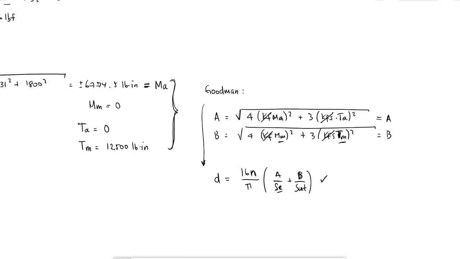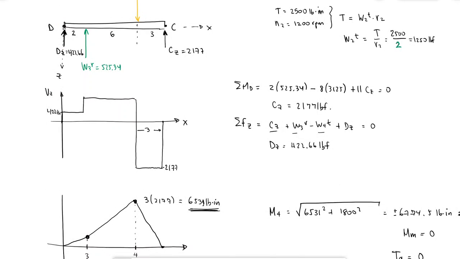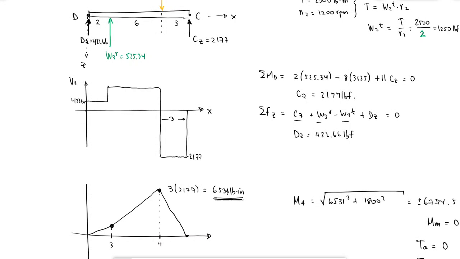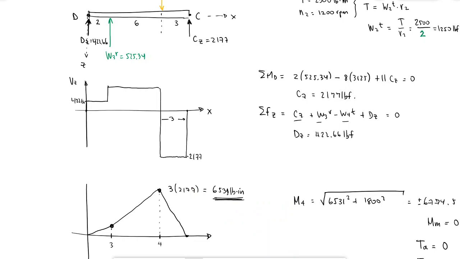Now let's look at the bearings. For the bearings, I am going to use these values from the, let me choose a different color, let's do orange, shear diagrams, sorry.